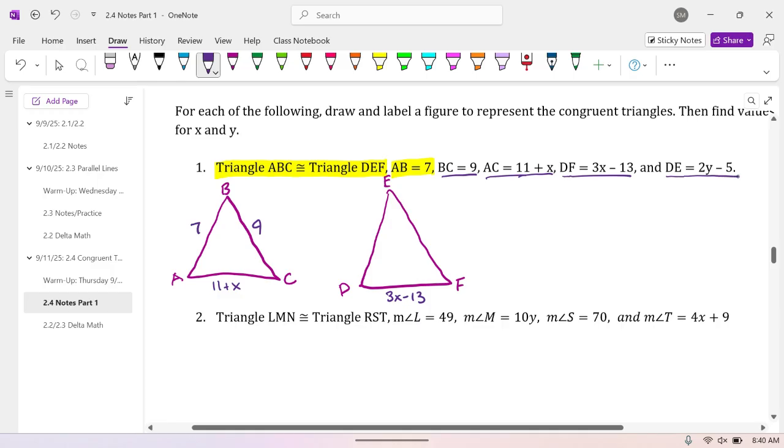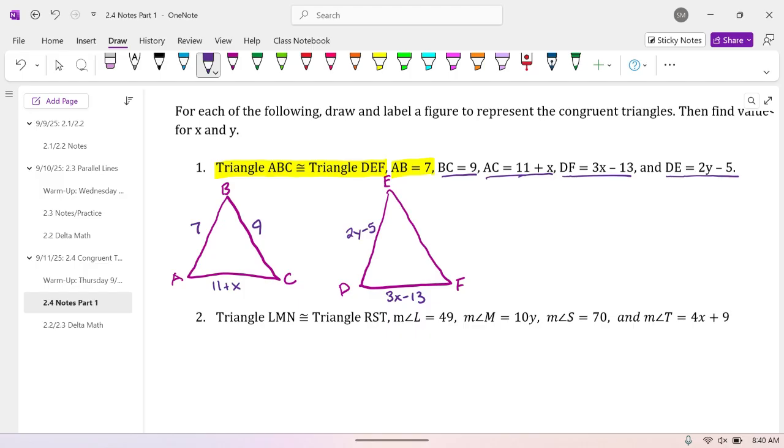And DE is 2Y minus 5. Now, it asks us to find what X and Y would be. And we're also going to take it a step further and figure out what the side lengths are going to be. Now, some of them we should already know.